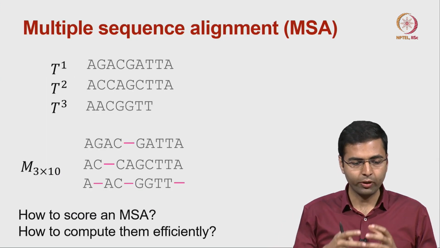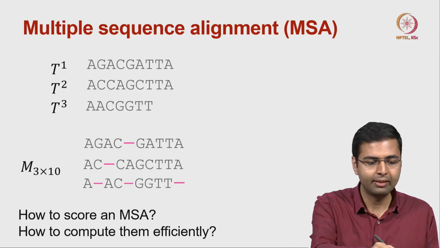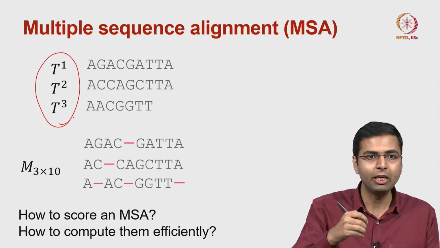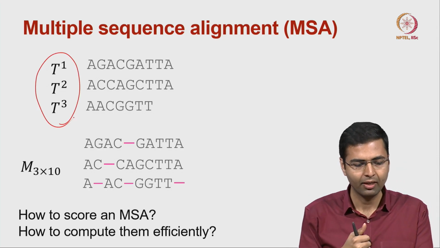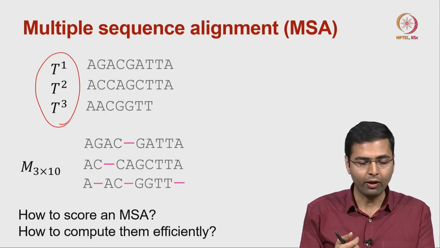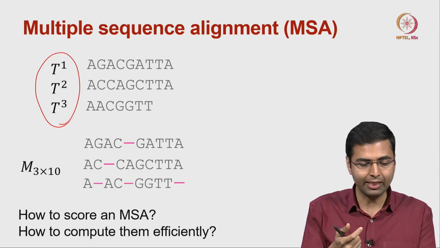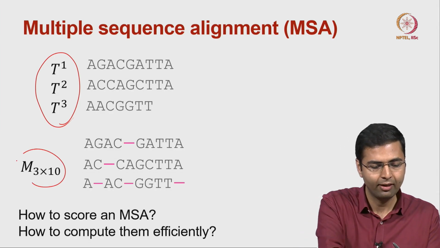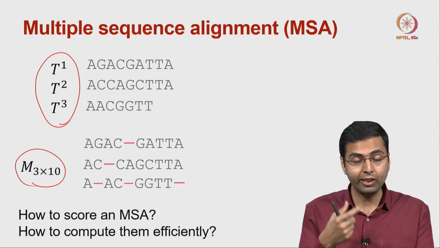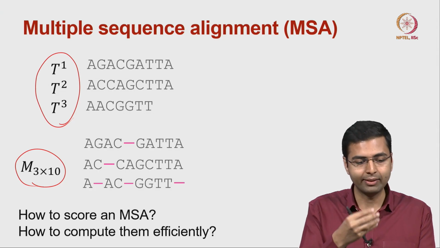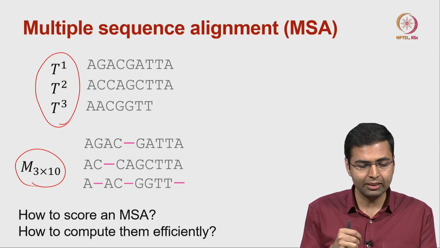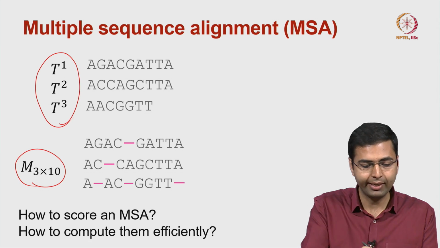Looking at one more example. Consider these 3 input sequences T1, T2, T3. For them one possible multiple sequence alignment is shown here. It has 3 rows corresponding to the 3 sequences, and for this particular example we have 10 columns.